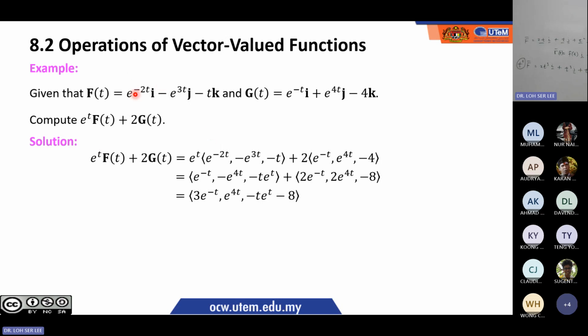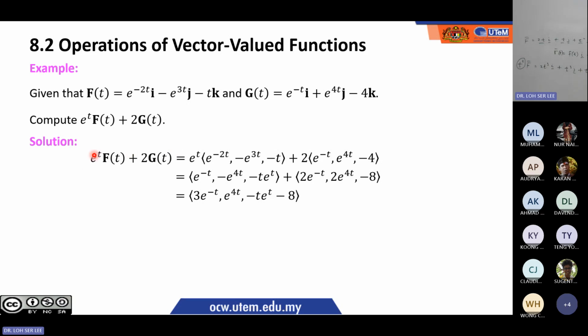You can write it in this way, i, j, k, or you can take the component functions and display them in brackets. The first component is e^(-2t), the second component function is negative e^(3t), and the last component function is negative t. You can display the vector-valued function in either form.